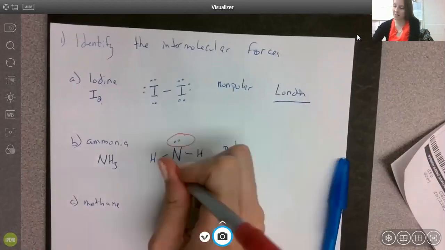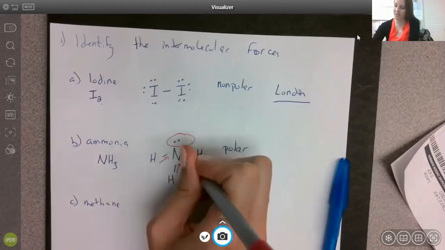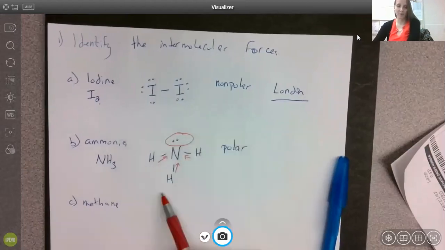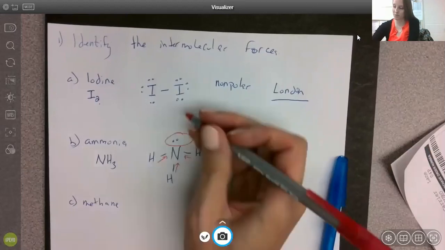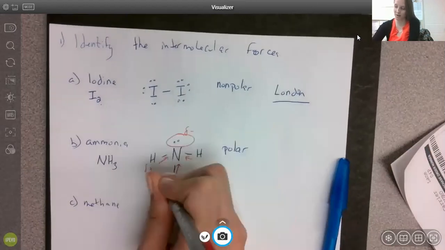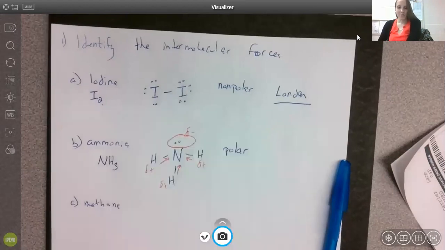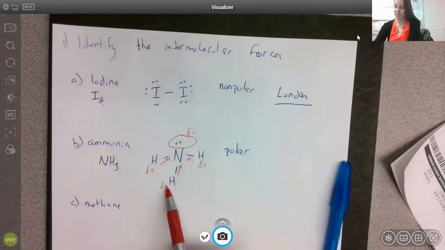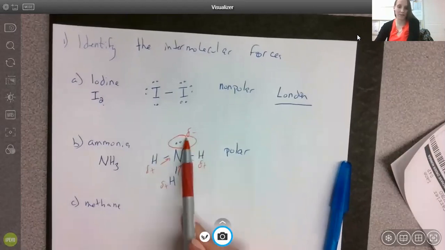Essentially, in each of these bonds, I would have the electrons being pulled towards the nitrogen, which would make that slightly negative. My other poles are slightly positive. So yeah, it is polar. Even if you don't draw these arrows and these slightly negative and slightly positive signs, those two electrons around the central atom tell you it's polar.